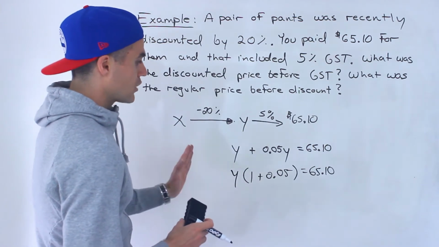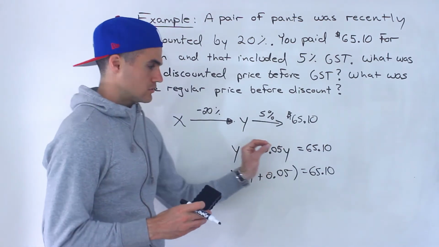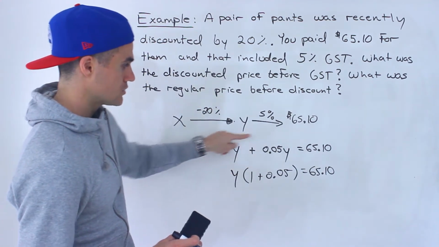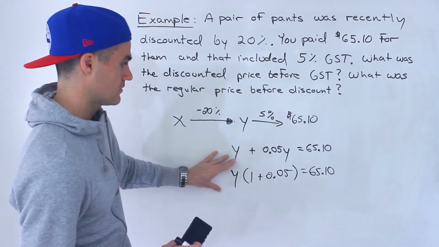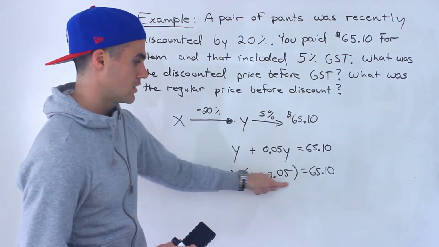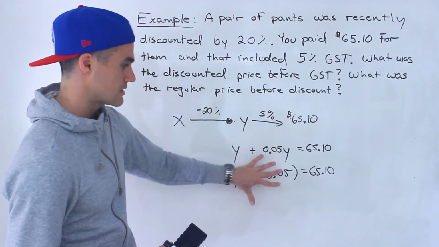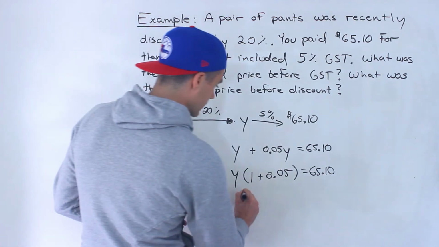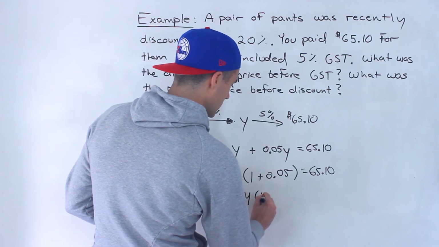Whenever you're adding a percentage onto a certain price, you can always factor out that variable, and it's always going to be 1 plus the percentage in decimals. Notice that this bracket would be 1.05.